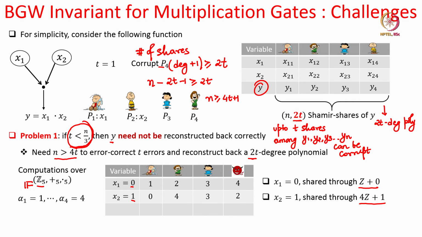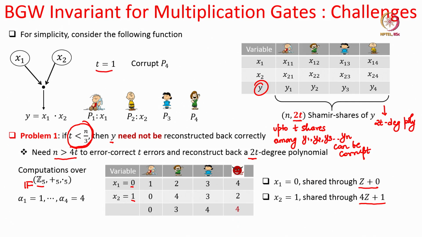And now, since one of the 4 parties can be corrupt, imagine that it is the 4th party. Of course, this is just for the demonstration purpose. Parties will not be knowing who exactly is the corrupt party, except that one among the 4 parties is corrupt. So, as per the proposed protocol, every party should locally multiply its shares of x 1 and x 2 and make that share public.